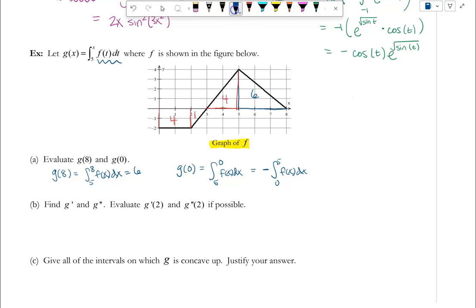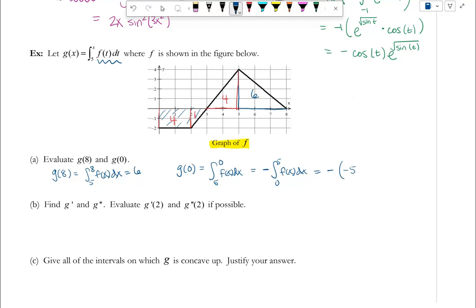So I'm going to keep my negative out front, but because I'm now going left to right and have that negative out front, my area from 0 to 3 is going to be -4 plus -1. So -5.